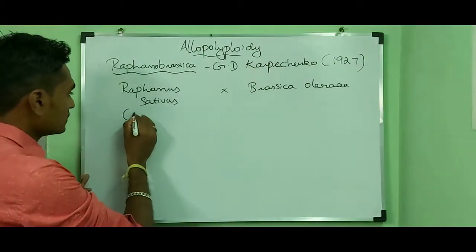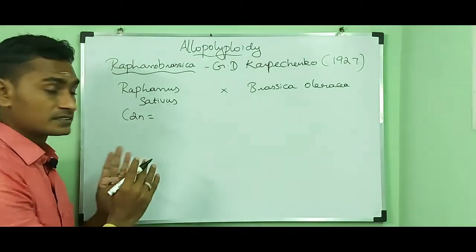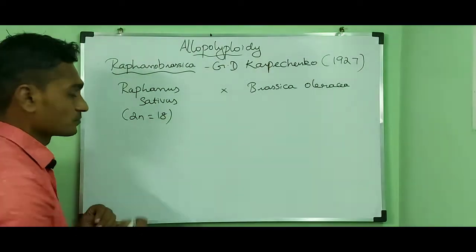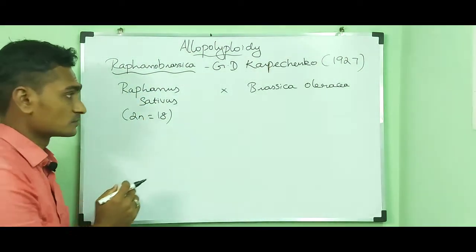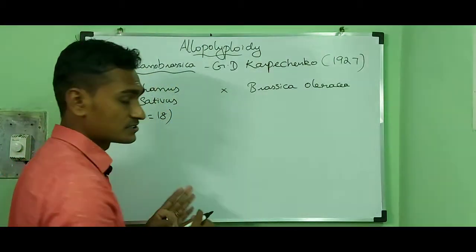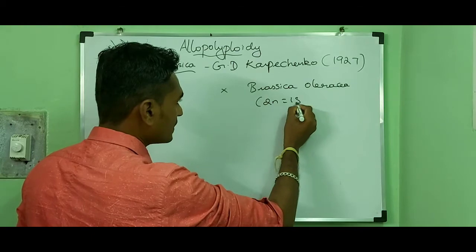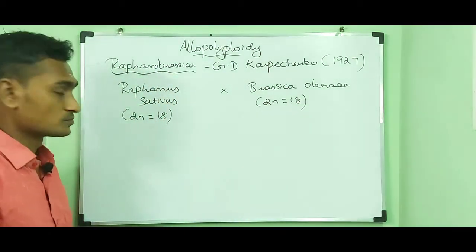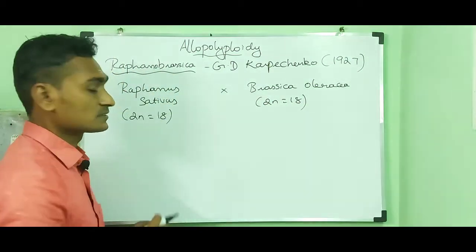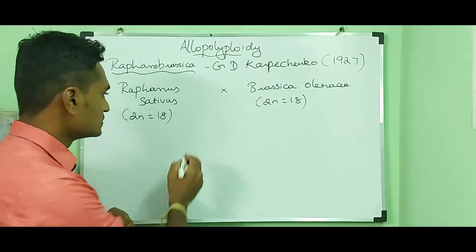That means 2n is equal to 18 chromosomes. Likewise, Brassica oleracea is also diploid, with 2n equal to 18 chromosomes. So the cross was made between the two individuals.